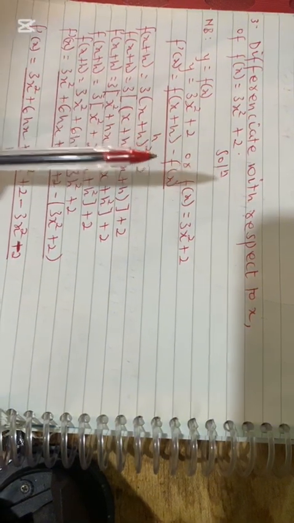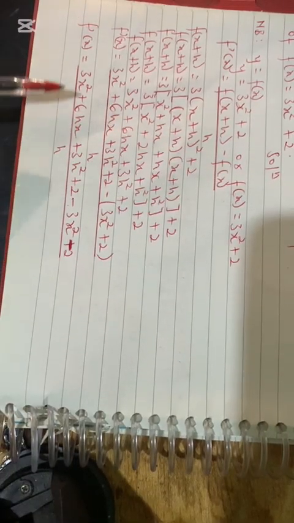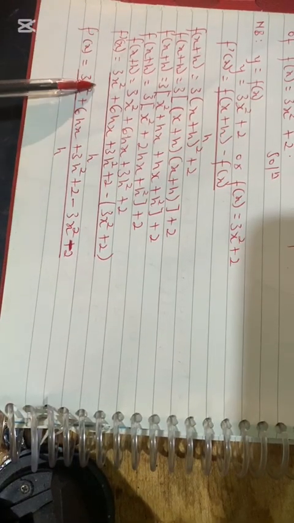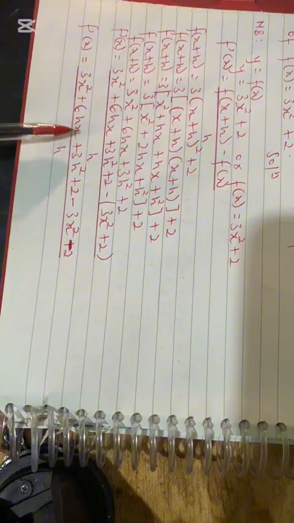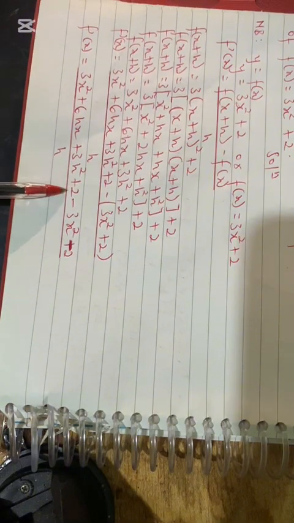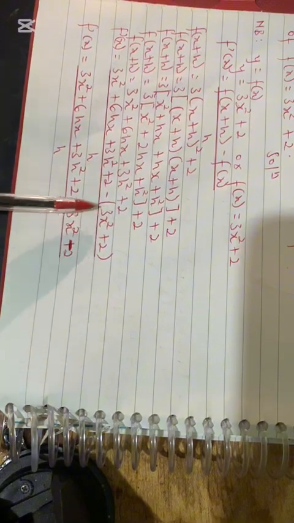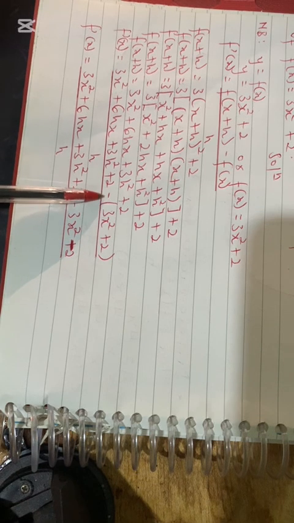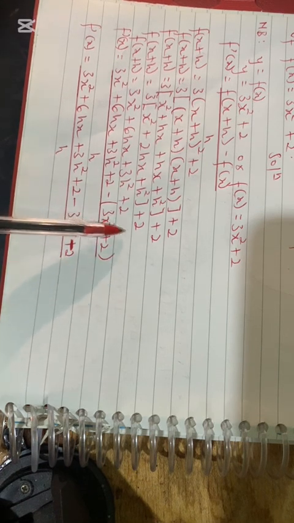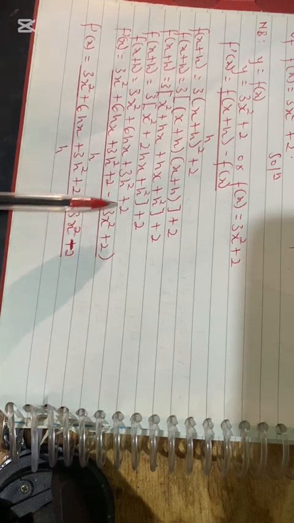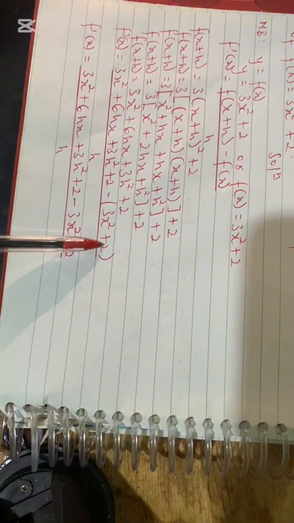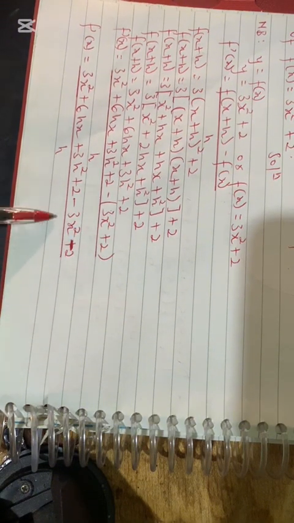Okay. Now we're going to have 3x squared plus 6hx plus 3h squared plus 2. Now if you expand the bracket, there's minus 1 here. Minus 1 times 3x squared will give you minus 3x squared. Minus 1 times 2 will give you negative 2.